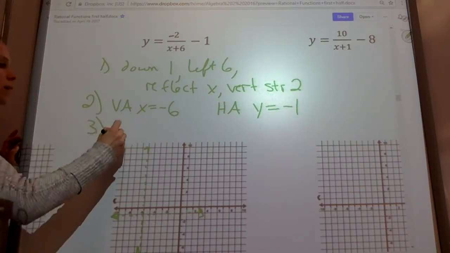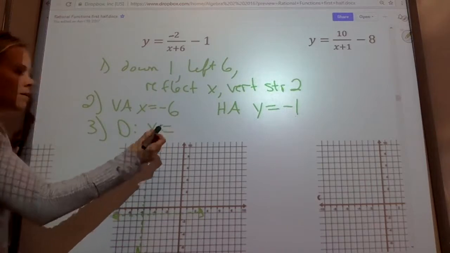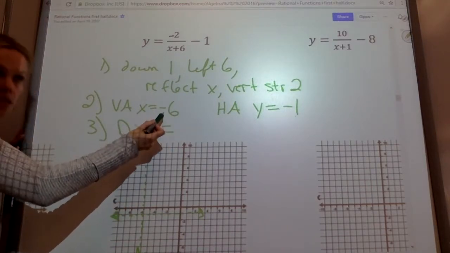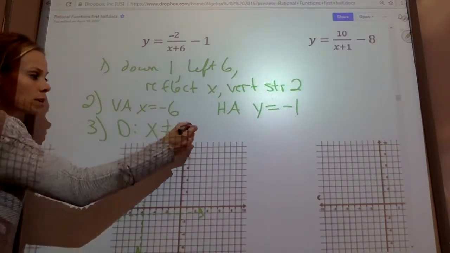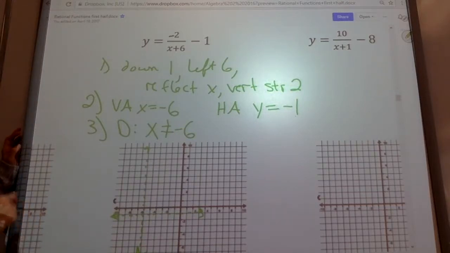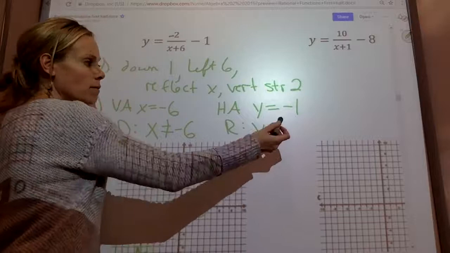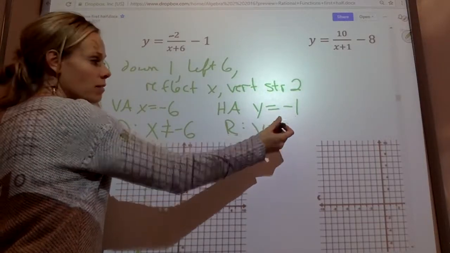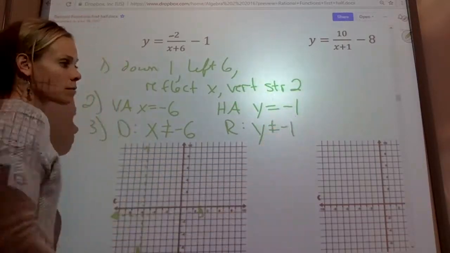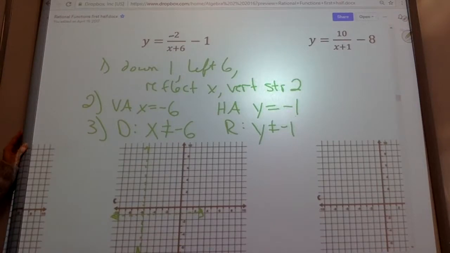And then, of course, my domain, if I have an asymptote at -6, x cannot be -6. And for range, if I have an asymptote at -1, y cannot be -1.